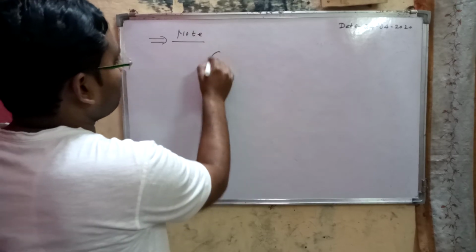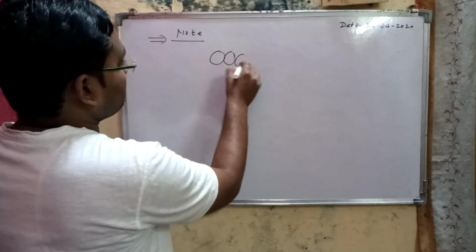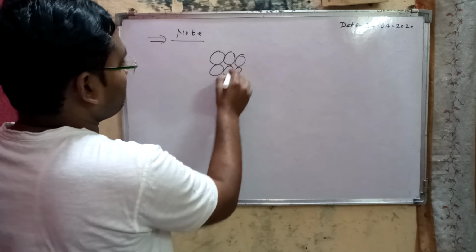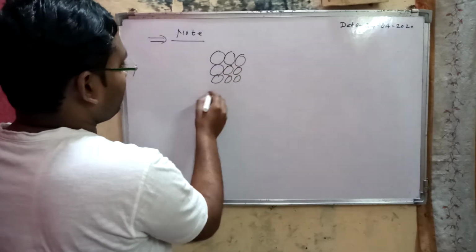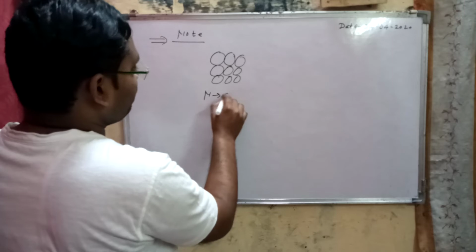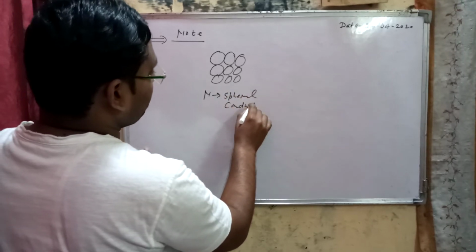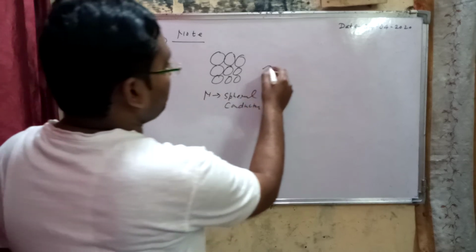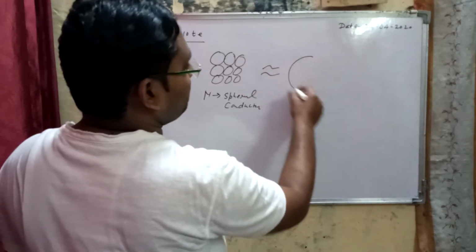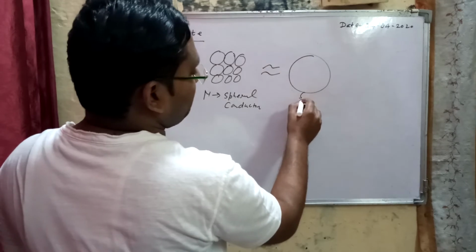Note here. Here we take capital N spherical conductors and combine them to form a bigger conductor.